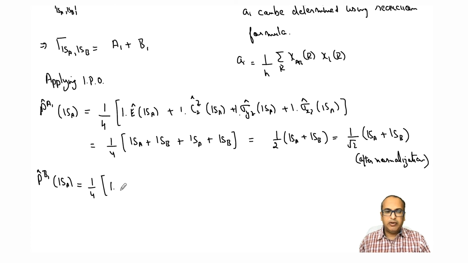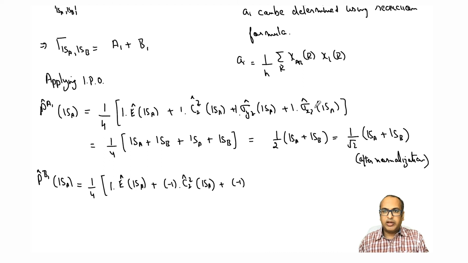Under E it will be 1, and then you have E on 1sA. Then for C2 it will be -1 character, and C2z on 1sA. Then you have sigma_yz. So the character under sigma_yz is again -1. So in one of the cases it will be yz, in one of the cases it will be +1.